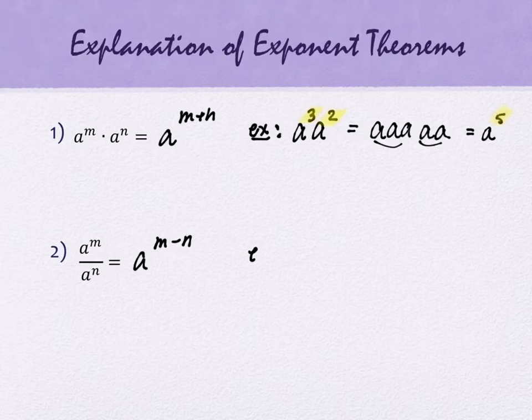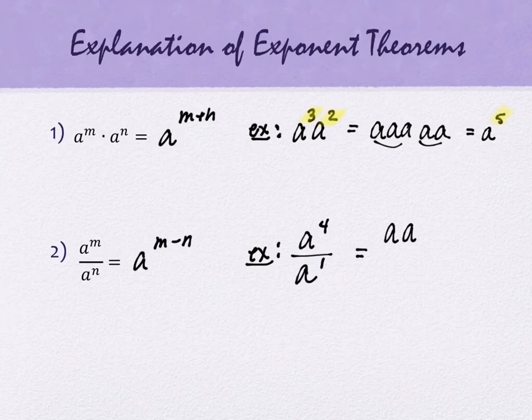The next one, another example problem. We're going to write a to the 4th over a to the 1st. What is a to the 4th? A times a times a times a, 4 a's, right? Divided by a to the 1st, which is a.